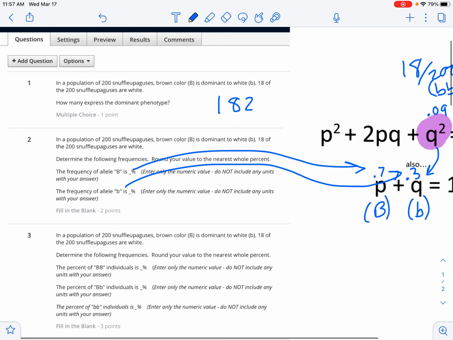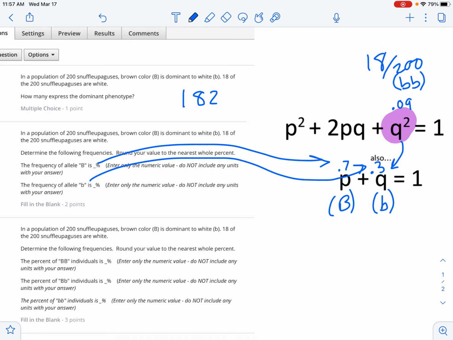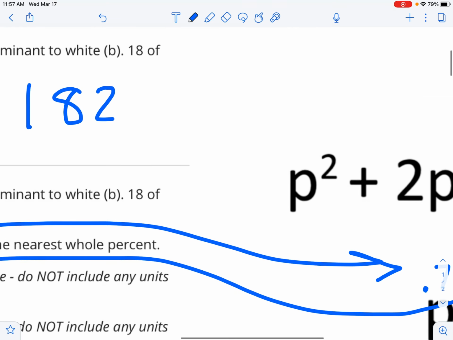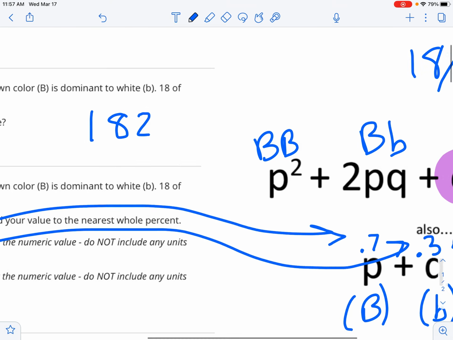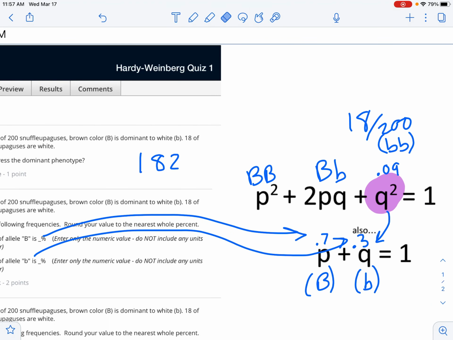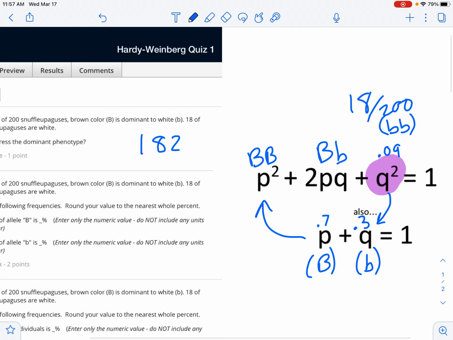Question 3 goes one step further and asks for the genotypes: the percent of the capital B capital B individuals and the percent of the heterozygous ones. We keep moving counterclockwise. If the allele frequency of capital B, or p, is 0.7, how do we get the genotype?